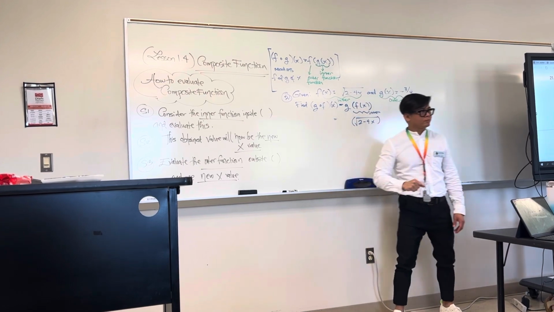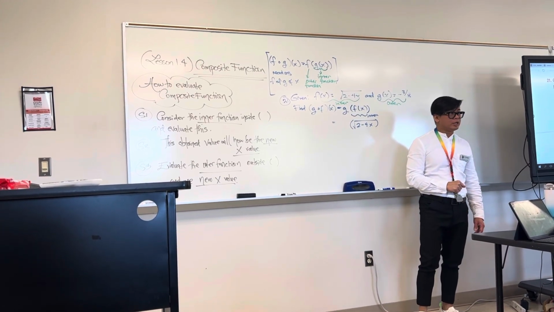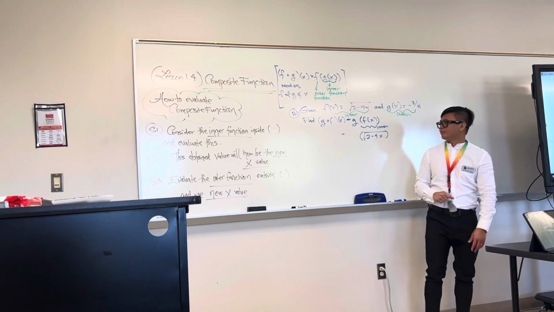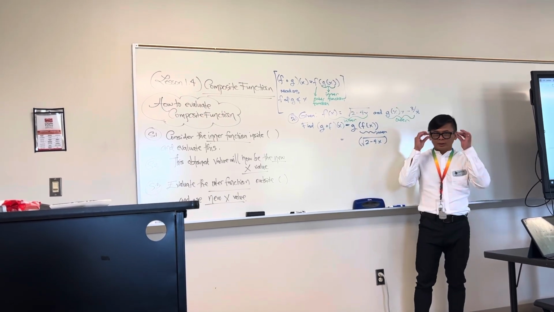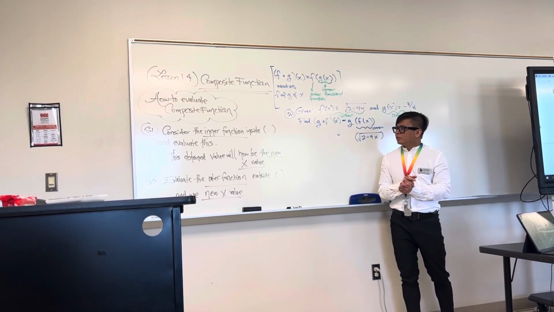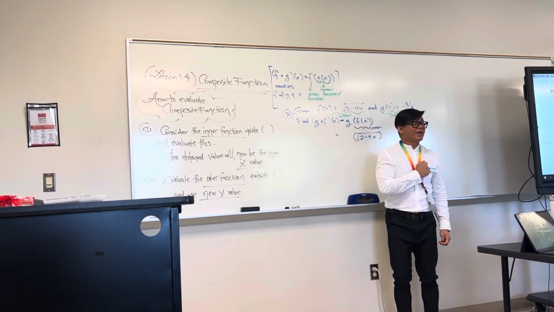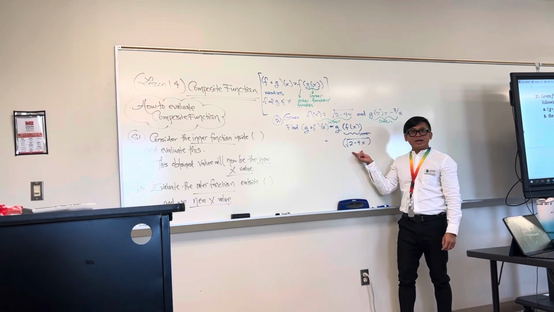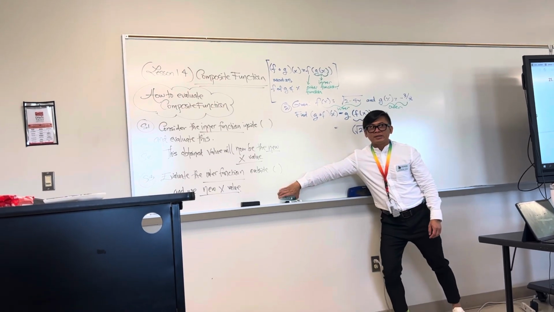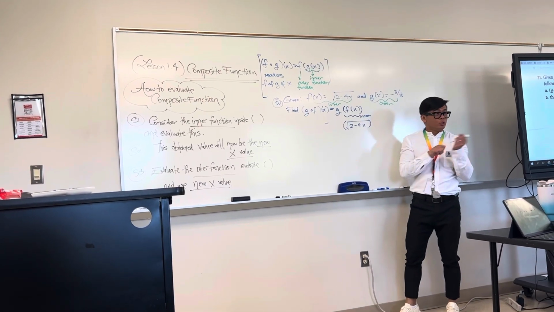Step number 2. What is our step number 2 in here? Let's read this one first. Go ahead, Anne-Marie. This obtained value will now be the new x value. Thank you. You see this entire expression, that entire expression now will be your new x value.